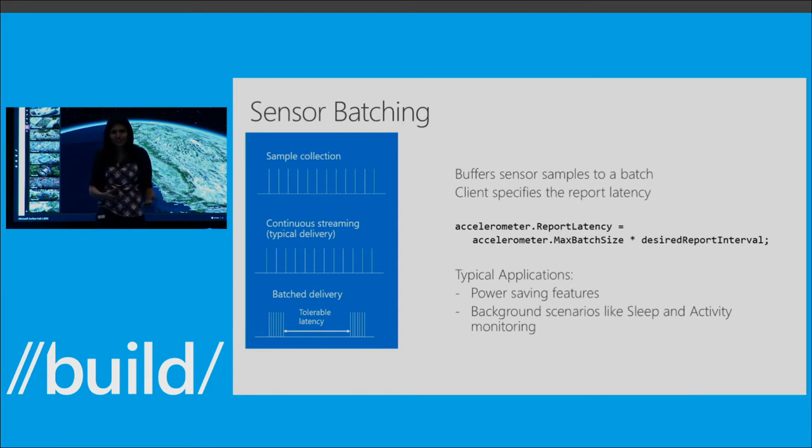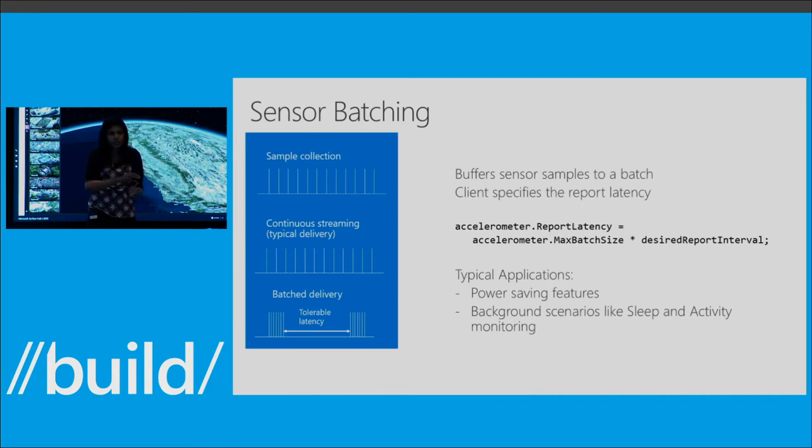Batching is, instead of getting the data continuously, if the hardware supports batching, which is if it has deep FIFOs or buffers, then it will buffer the data and send the data only in batches, essentially saving power. What developers need to do is decide on their report latency.